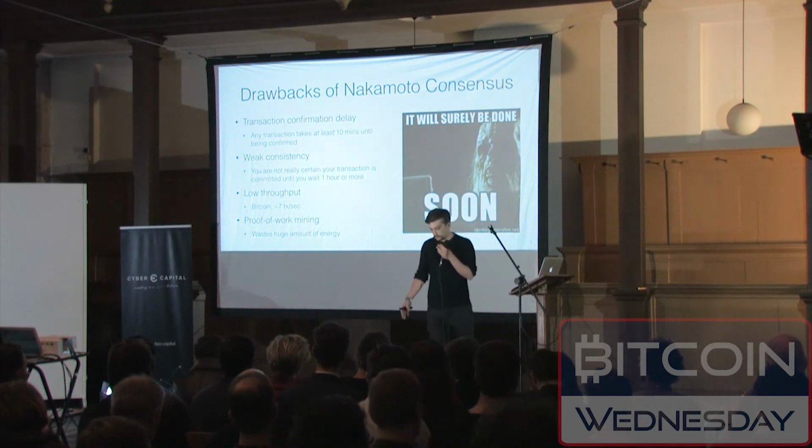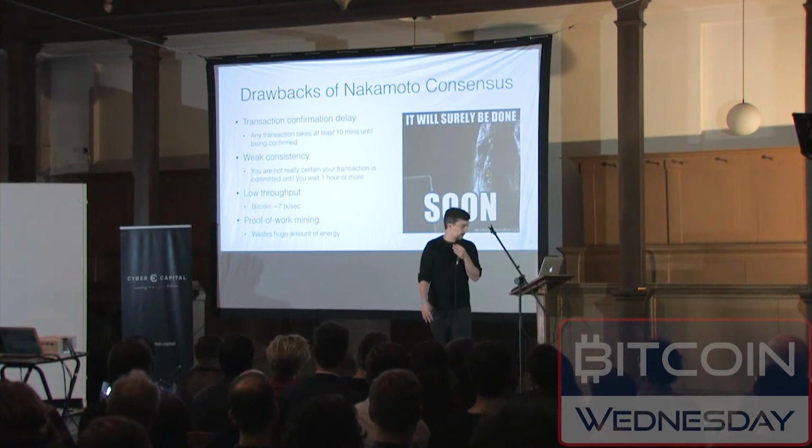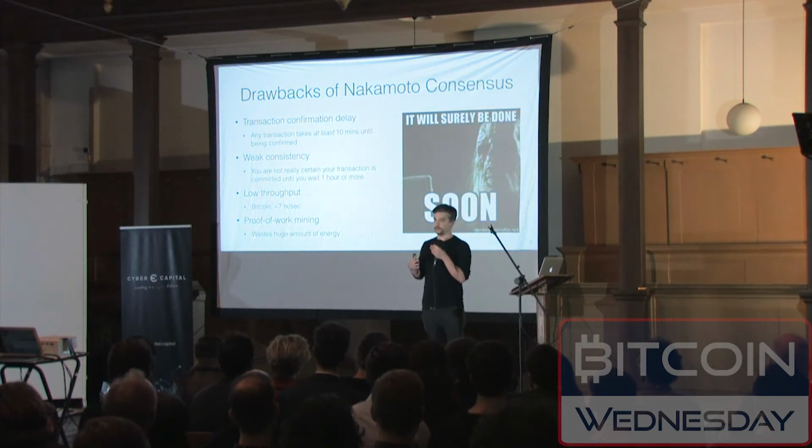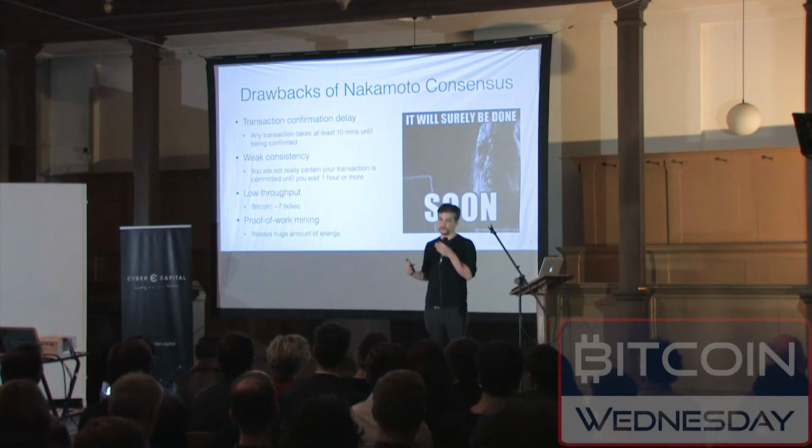And then also, I probably don't have to mention that the proof of work mining wastes a huge amount of energy, right? So we have these big ASIC farms which burn tons of coal and which produce tons of CO2, which is very bad for the environment.